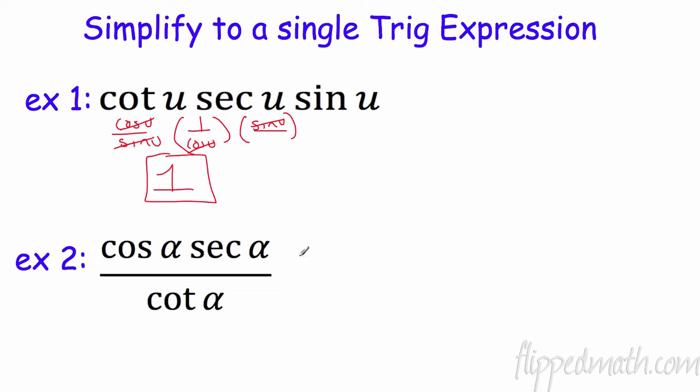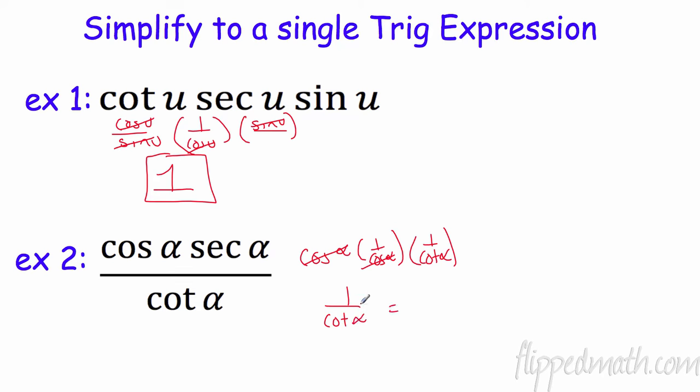Let's take a look at this one. I'm going to rewrite this as cosine alpha. Secant is 1 over cosine. And I'm going to multiply this here, so that's 1 over cotangent. Well, first of all, we notice right off the bat these cancel. So really, I'm just down to 1 over cotangent alpha.